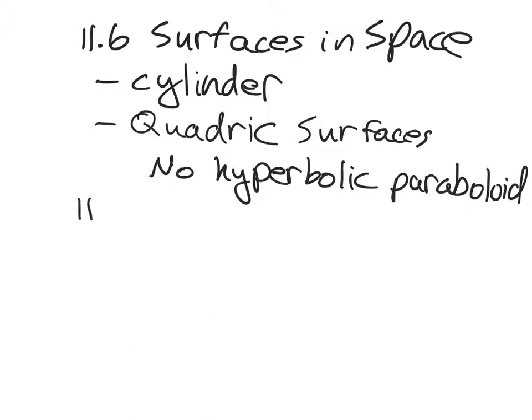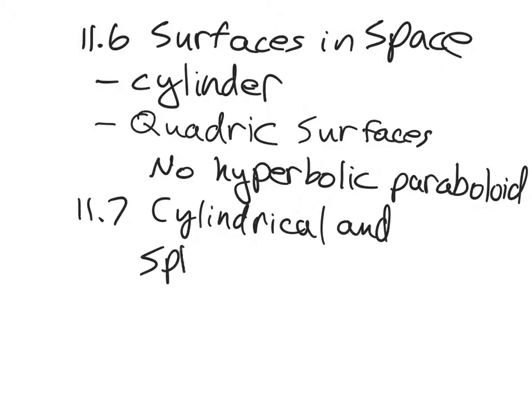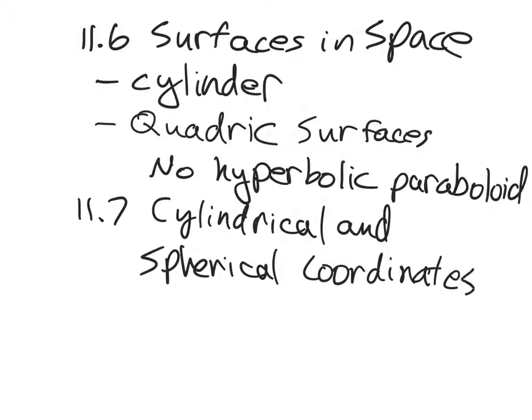And then finally, 11.7, changing coordinate systems. Cylindrical and spherical in there. And of course, we will be using these later on in the semester, but make sure you can convert from one coordinate system to another, whether it be rectangular to cylindrical, maybe spherical back to cylindrical, or back to rectangular.